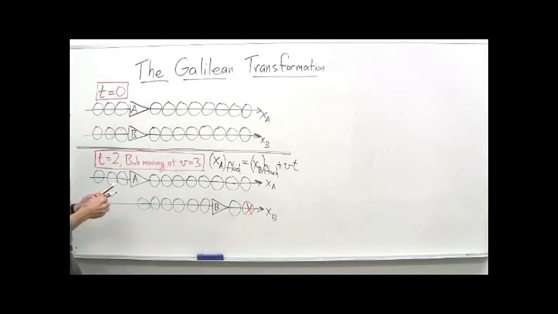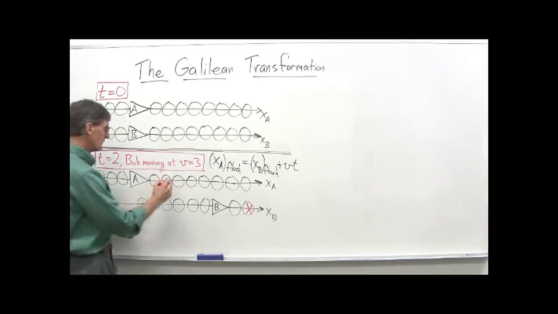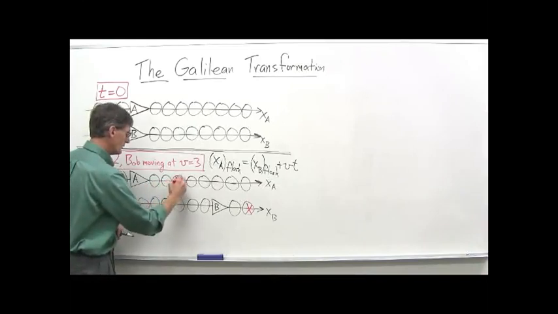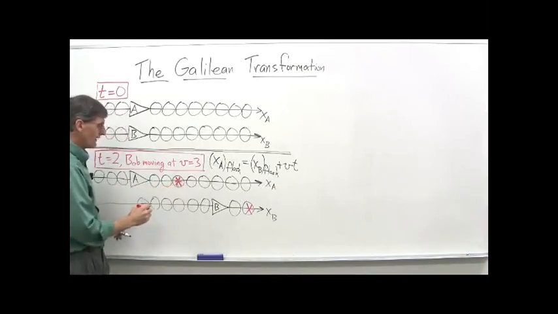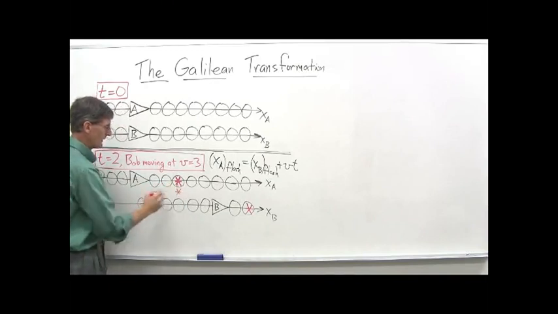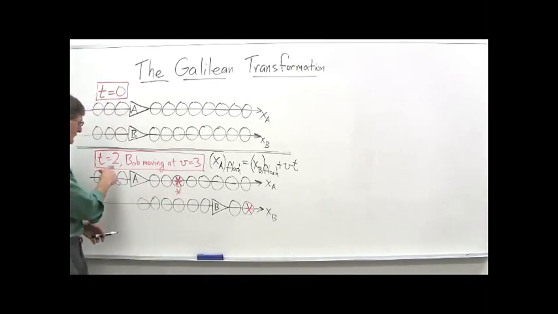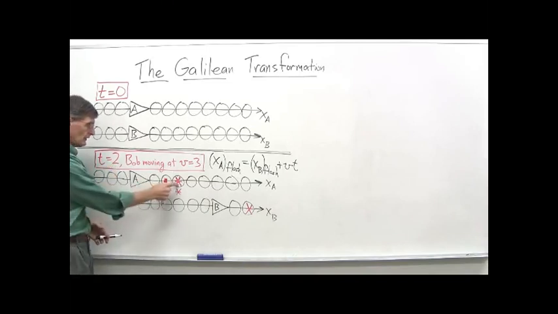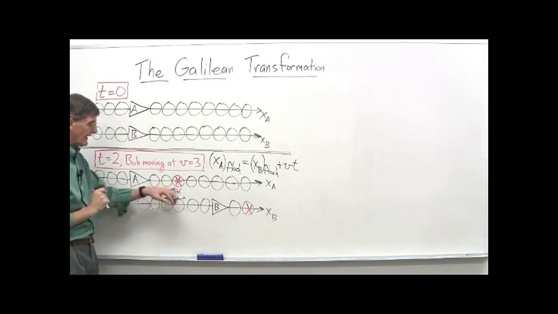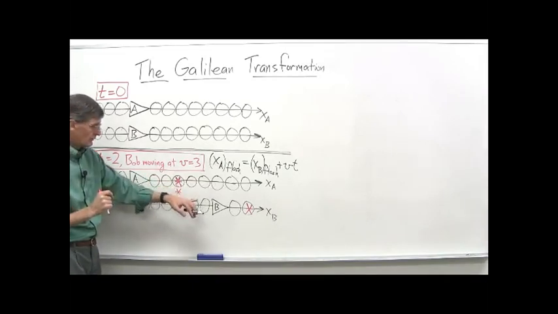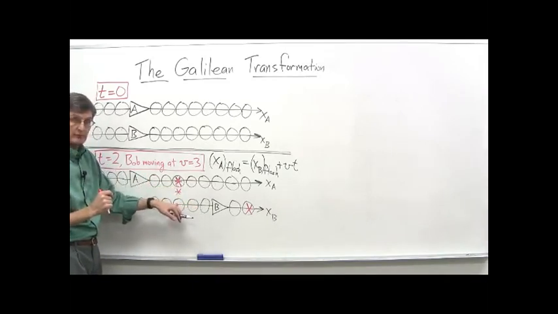What if I have a flash, from Alice's perspective, right here at 3? Maybe the flash occurs right in between them, but it occurs to her at time t equals 2, and xa equals 3. What is the position of the flash from Bob's perspective?